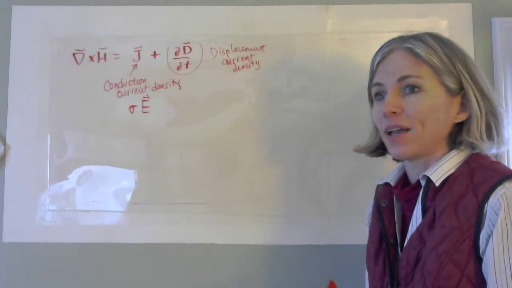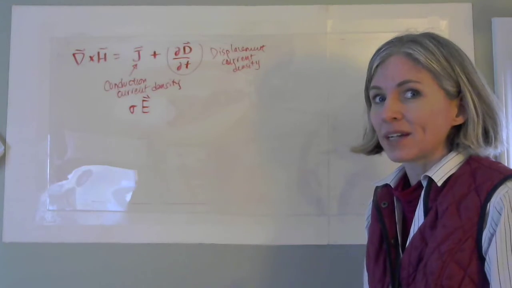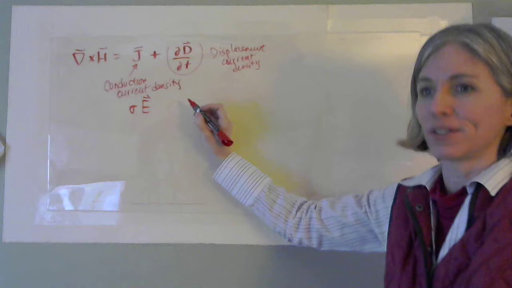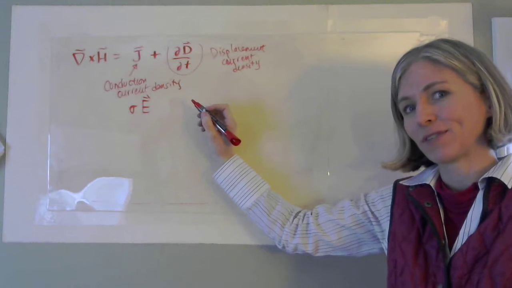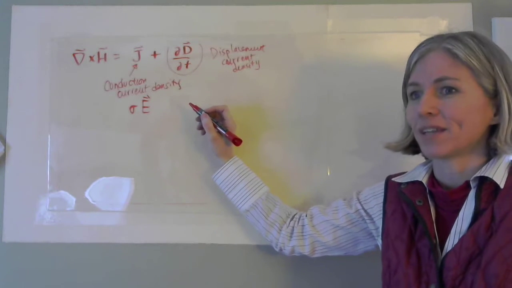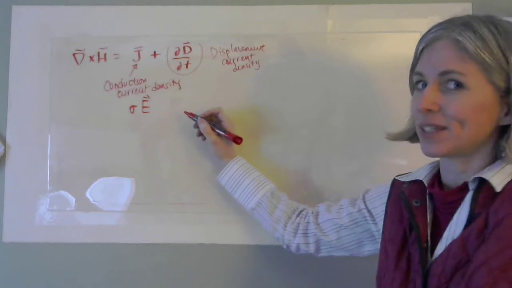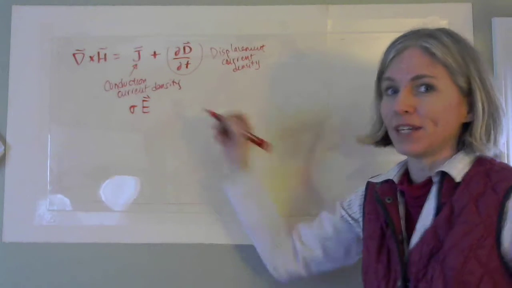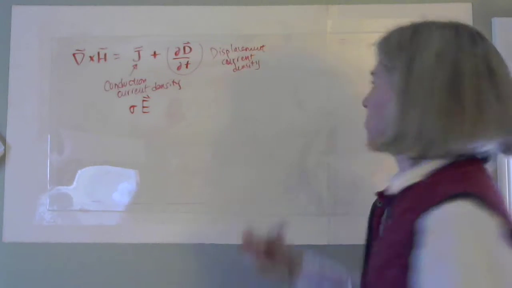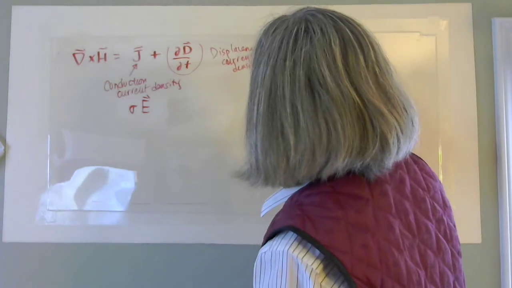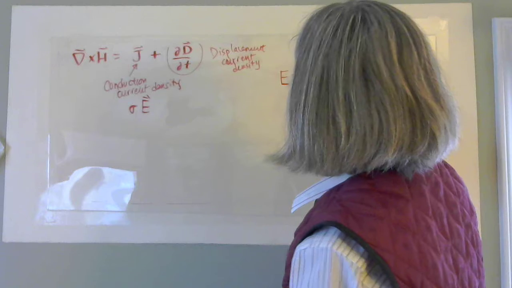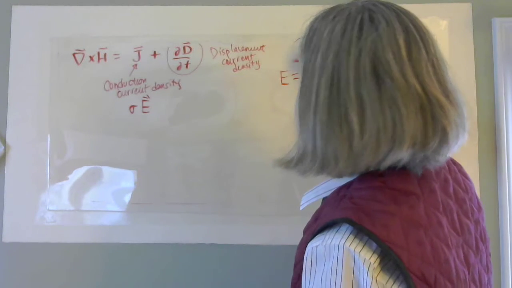Okay. One more thing that we do in chapter 9 is we put these solutions. Once we start having to take time derivatives of things, we don't know what that thing's going to be, but if we can solve it for a sine wave, those are really easy to take derivatives of. Even easier is a complex exponential. So E is some amplitude, and these are vectors.